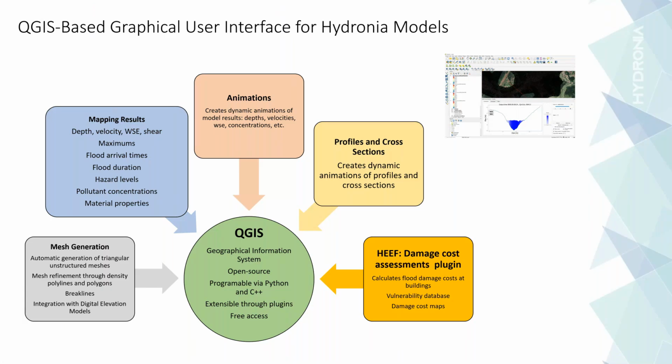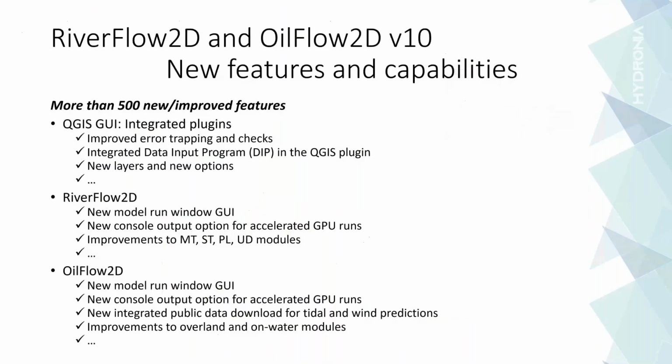So all of these tools are evolving all the time within the Hydronia environment. We are developing new tools all the time, based mainly on input from our users who are demanding new features or improvements, and we are incorporating as much as we can of these into our development process.